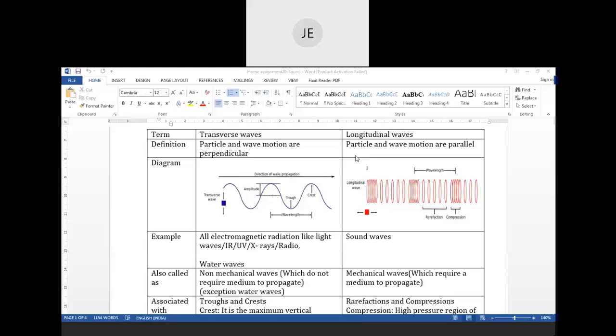If you observe, that particular atom or molecule is moving up and down, but the wave is propagating towards the right. So both particle and wave motion are perpendicular in a transverse wave.